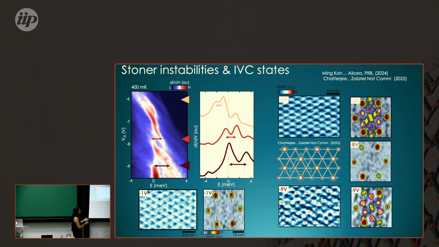The Kekule is not the Y Kekule or the O Kekule, where the wave function is concentrated on the bond, but actually we see a charge density wave where every third site is more intense than the others.